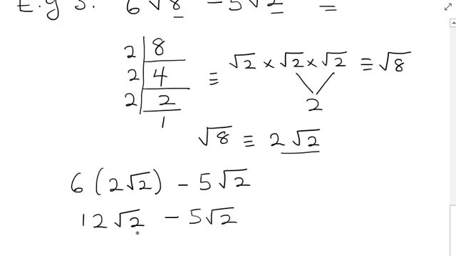So we have similar radicand here, and then we can just subtract our whole numbers, which are the ones in front of the radical. 12 minus 5 is 7 root 2. So that is our answer.